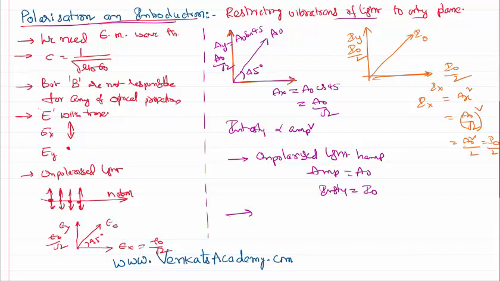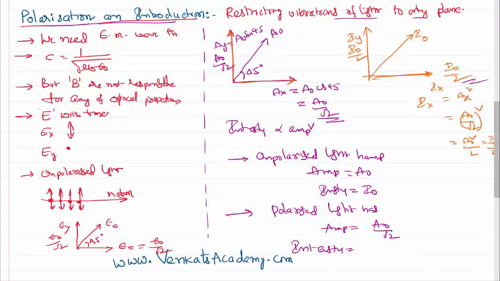So once you polarize the light, the polarized light has an amplitude of only any one of them, A naught by root 2, and an intensity of only any one of them, I naught by 2. So the polarized light has only 50% of the intensity of unpolarized light.